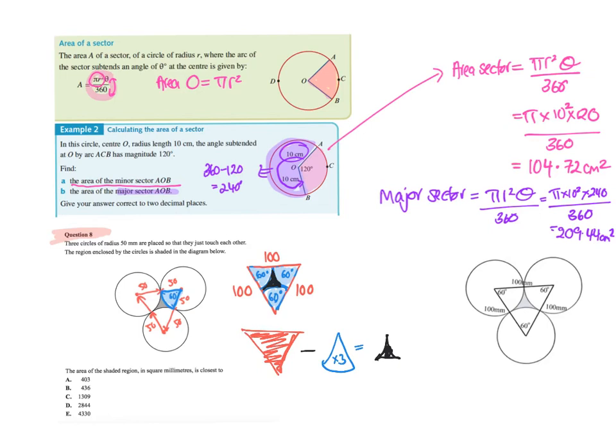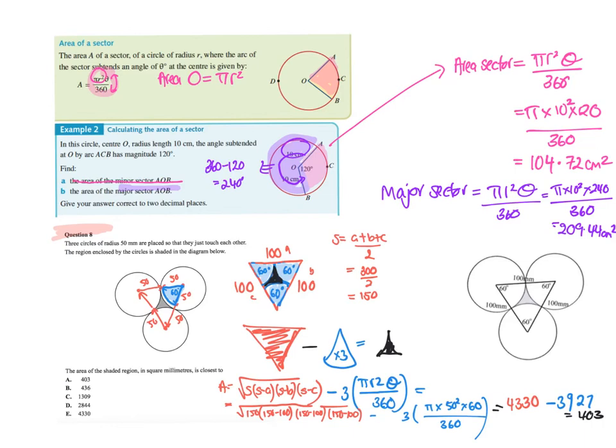So remember, for Heron's, the area equals the square root of S times S minus A, S minus B, S minus C, where the sides are A, B, C. Okay, and then we're going to minus 3 areas of a sector, which we know the formula is pi r squared times angle over 360. And then that's going to give us the answer. So let's go do that. Okay, so when I plug all that in, I get 403. So our answer is there.